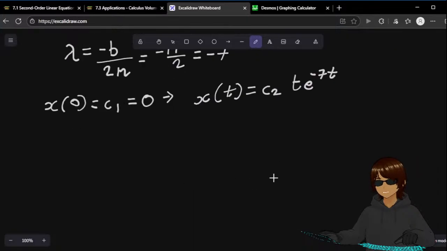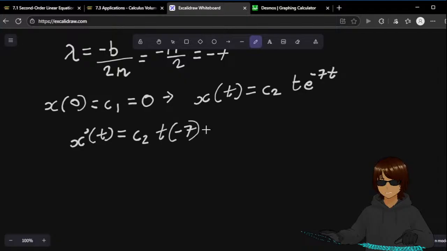If this is the case, then the derivative of x is c2 t e^(-7t)... and when this is 0, oh wait, this being 0 also does not make sense. No, because my derivative is wrong.